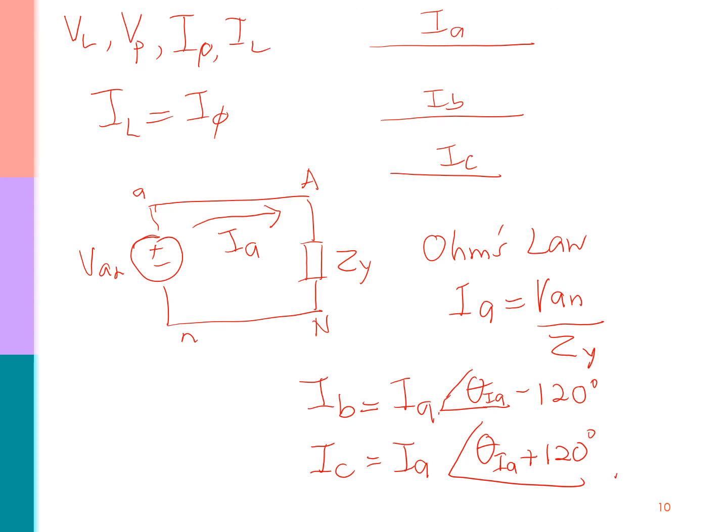So you use this single-phase equivalent circuit to obtain IB and IC. As long as the system is balanced, you only need to analyze one phase.